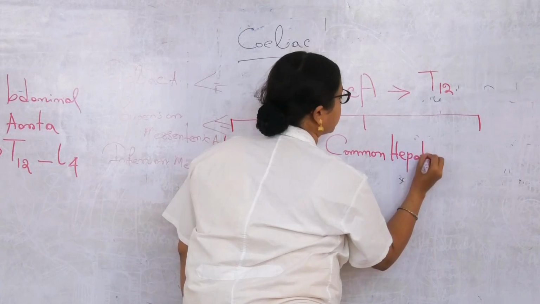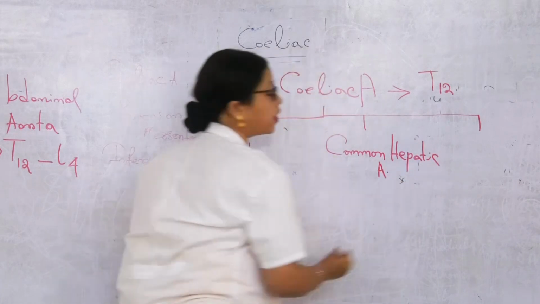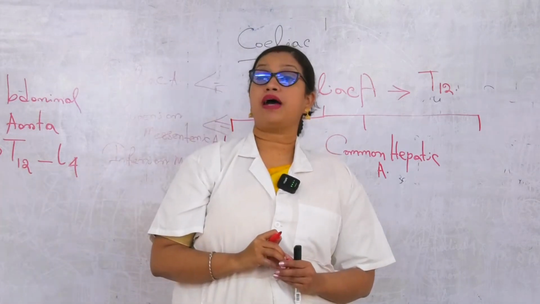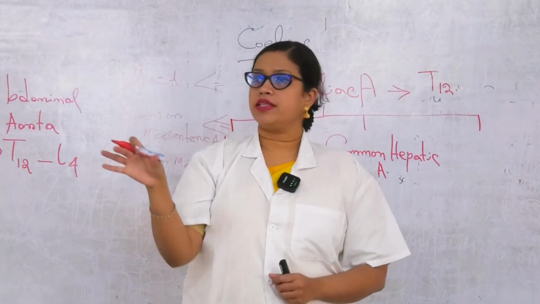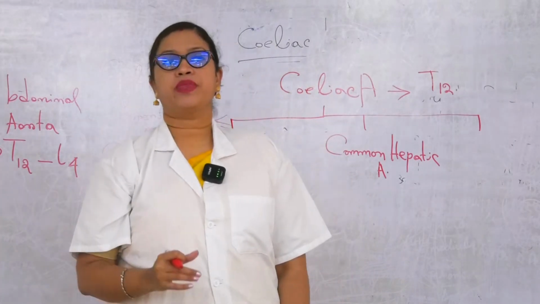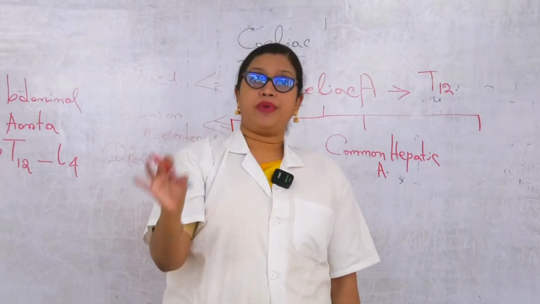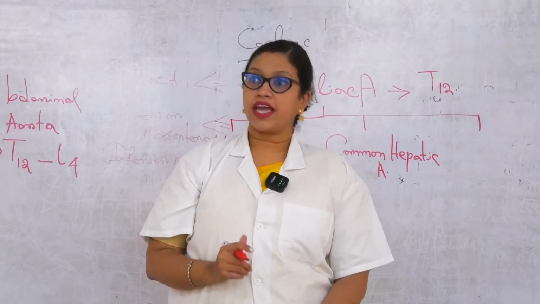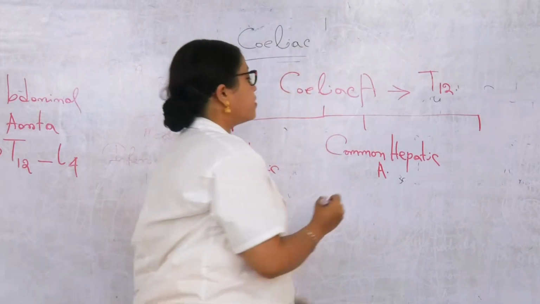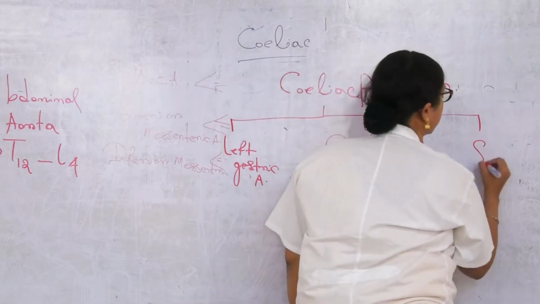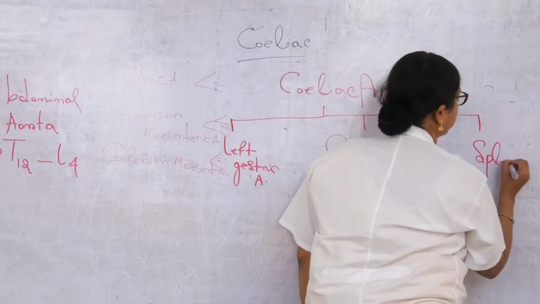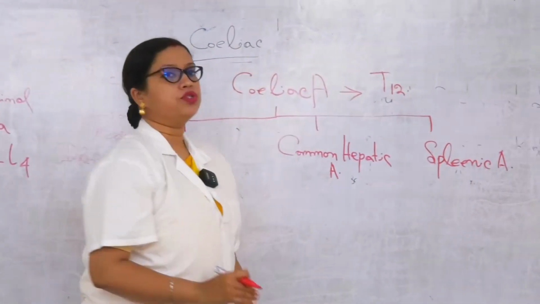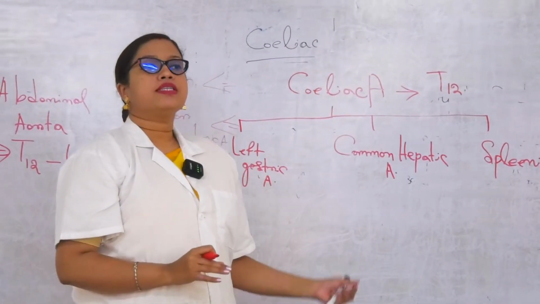Is it only supplying the liver or any other organ too? It is also supplying the gallbladder, and even some part of the stomach, through the gastroduodenal. Okay, so common hepatic and the third one is the splenic. These are the 3 branches.